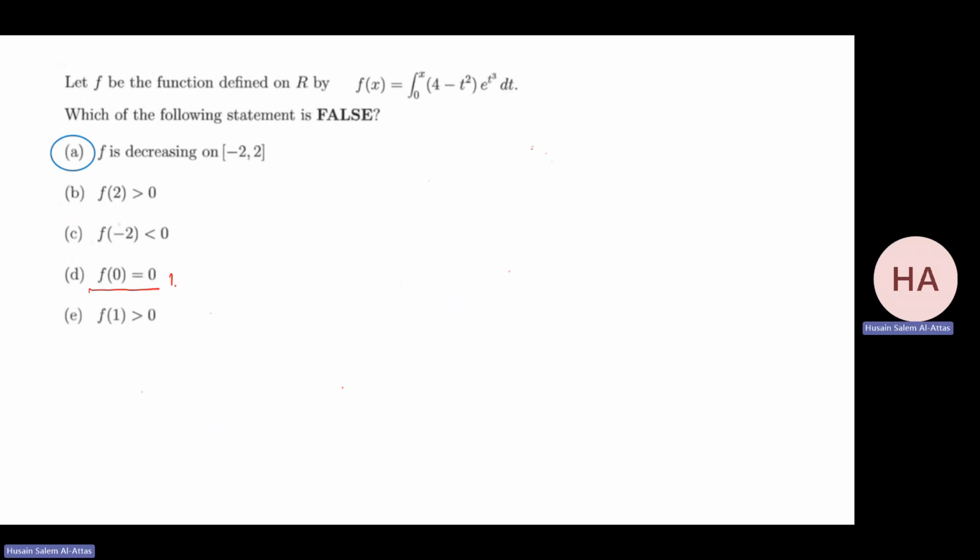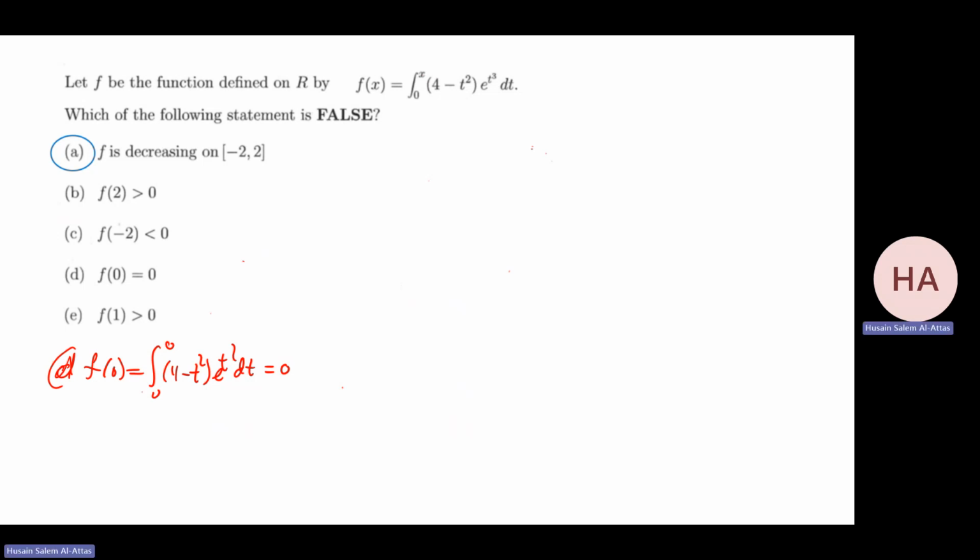This is correct. Since that will be d, I have f of 0 will be the integral from 0 to 0, which is 0. This is very clear. Okay. Positive, negative.